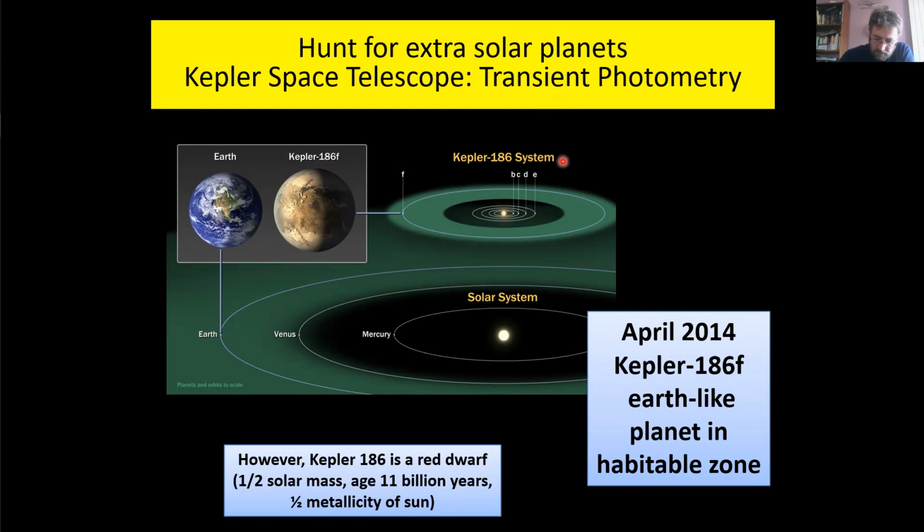The problem is that the star is much smaller, almost tending towards a red dwarf. Therefore, everything is closer to the star.